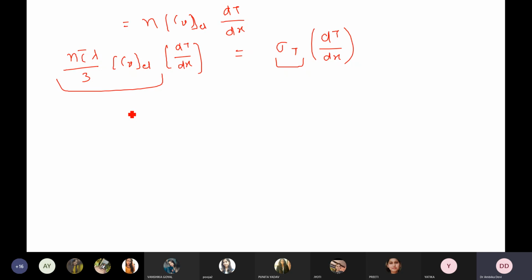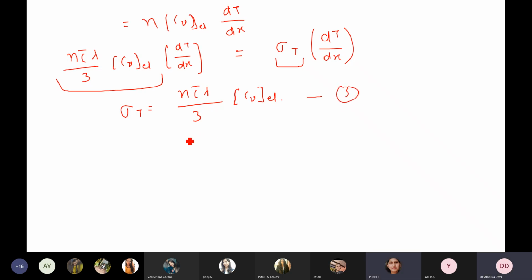So sigma T is equal to n c bar lambda divided by 3 into specific heat of electrons. Okay, let's say this is equation number 3.